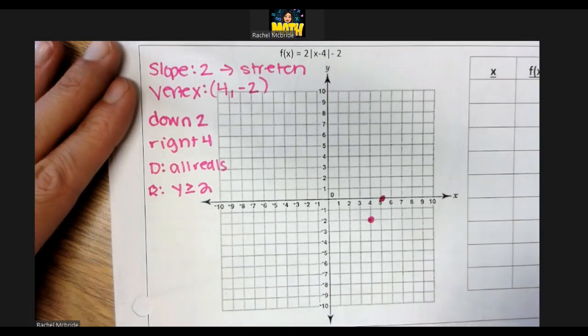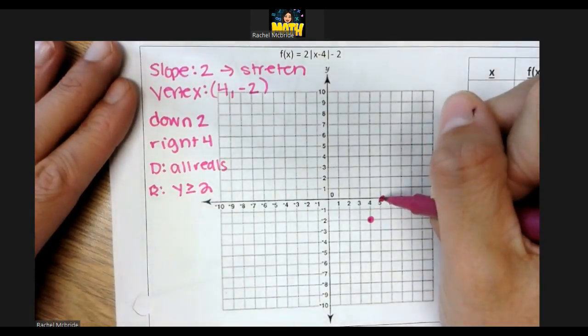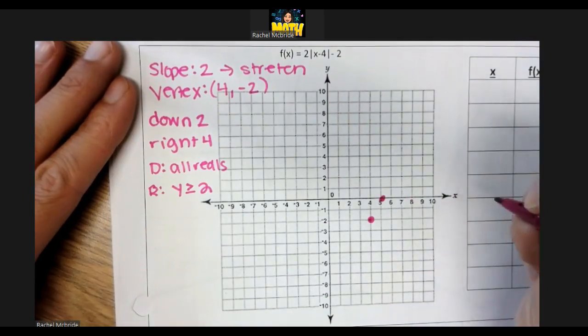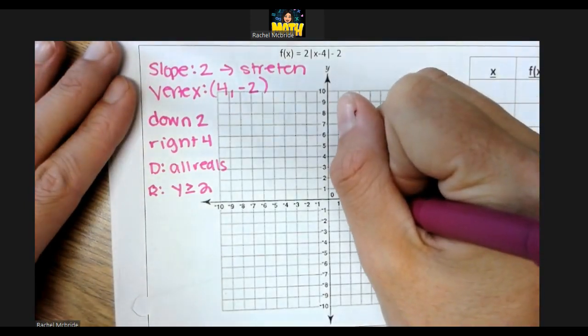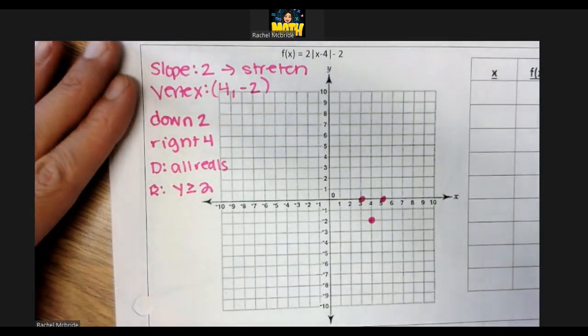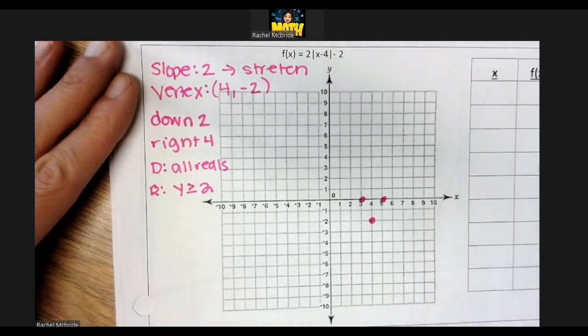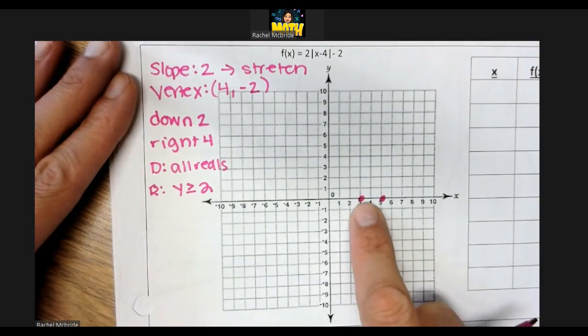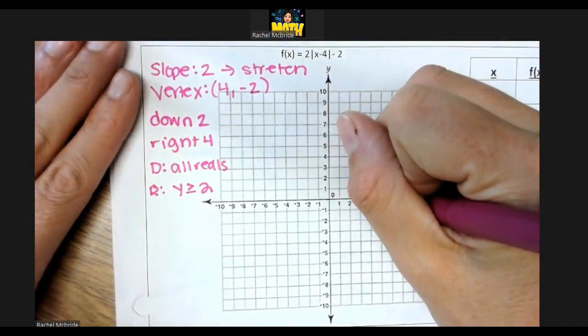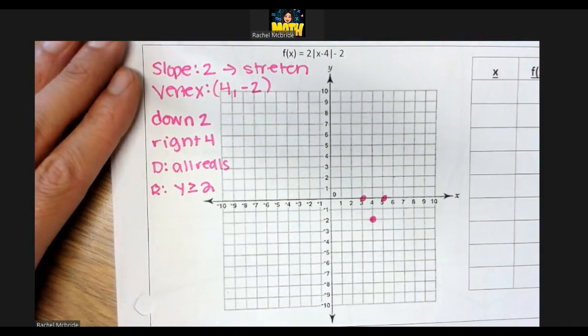The graph is symmetric. If I plotted (5, 0), what other point am I going to plot using symmetry? Okay, careful. That would be if we were graphing a line. So if we're graphing an absolute value, instead of going to (3, −4), we're going to go to (3, 0), because we want that V. Okay, on our quiz, I need 5 points from you.